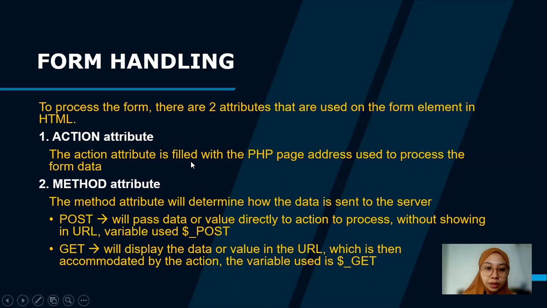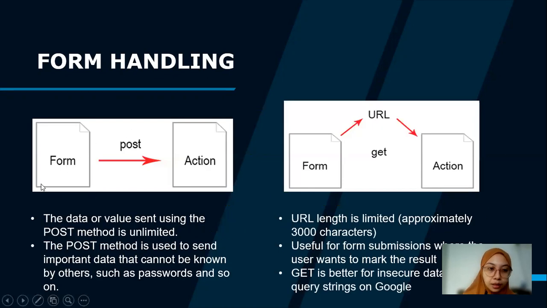Okay, what's the difference? You can see here we have post and get. Usually, if we are using post, our data won't be sent to the URL. So in our URL, there's just the clean URL or the path only.